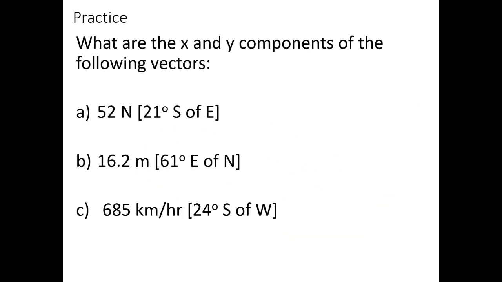Okay, so next, here are 3 examples that you can try. For each example, if you could just draw a sketch, and in this case, my sketch for the first vector would be 21 degrees south of east. This vector is 52 newtons. I'm going to be asking you to find the x and the y components.